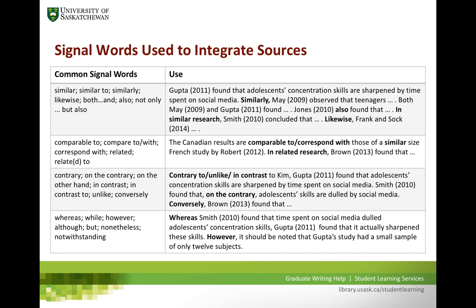However, it should be noted that Gupta's study had a small sample of only 12 subjects. And I've noticed in student writing that students don't tend to use whereas very much. And it's a very useful signal word to express a contrast or difference.